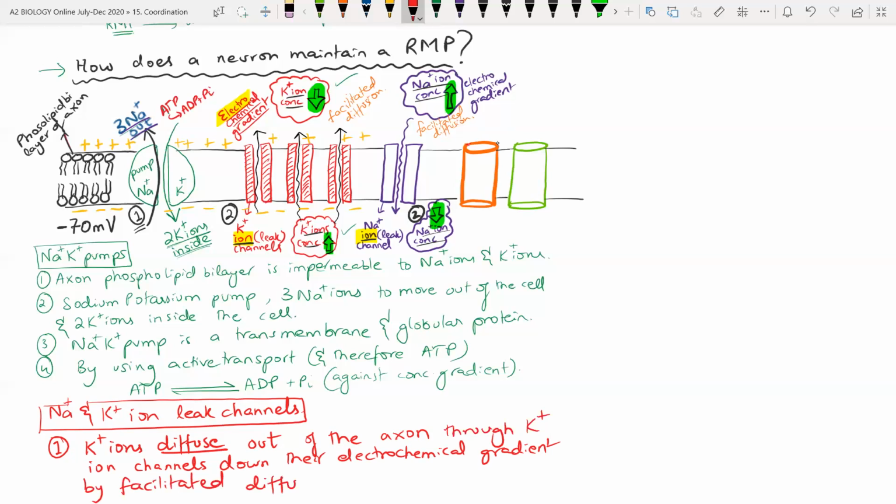I'm going to underline the keywords: diffuse out. So this one point that I've written has separate marking points.